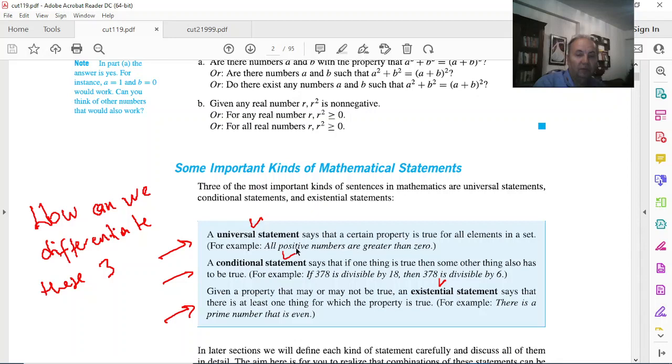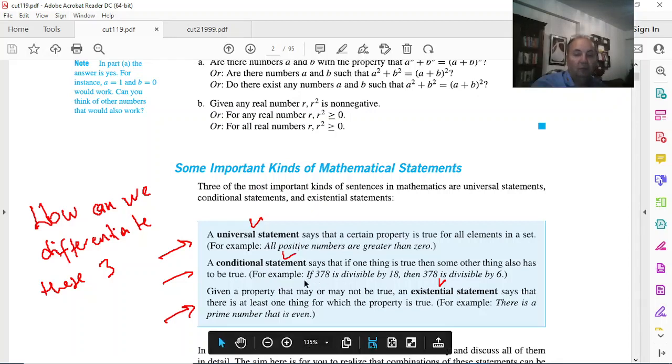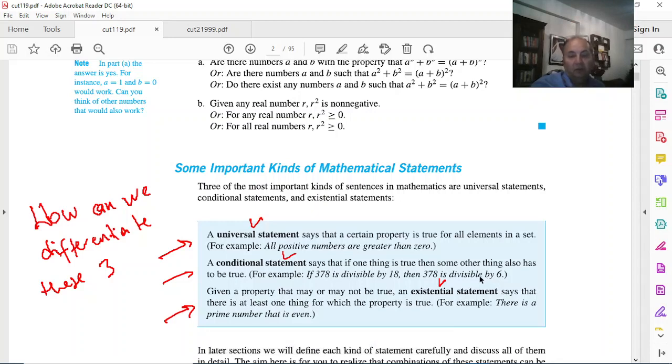Here, all positive numbers are greater than 0. For conditional statements, you should look for "if" and "then." This is the hypothesis, and this could be the consequence or result, or an argument to be judged or decided later.